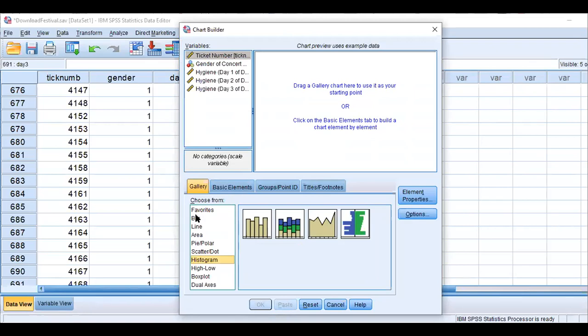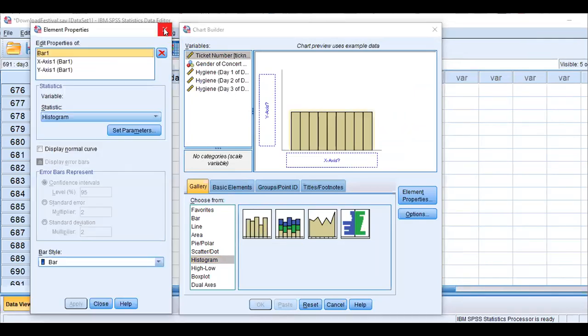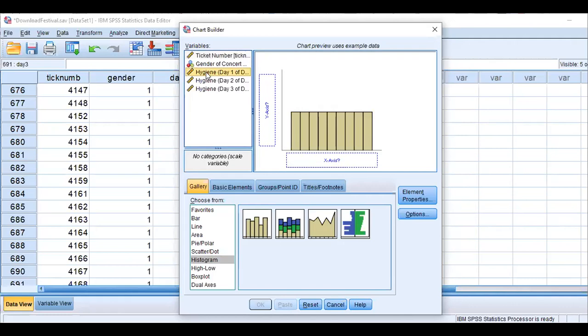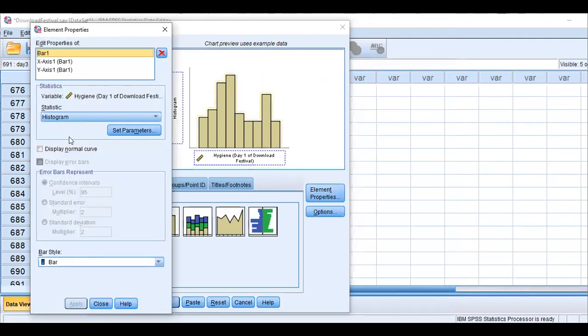Okay, so we will select this histogram and double click here, or we can drag and drop. So here I will take Height into the x-axis, and it is histogram properties. So I will just enter histogram percent here, and then display normal curve.